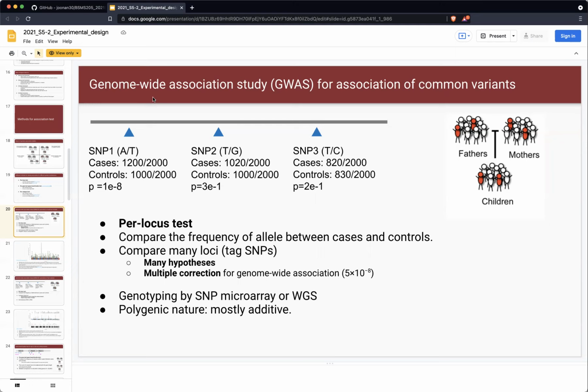So if you want to look at the association of common variants, then you're basically looking at the number of variants happening at the same locus in cases and controls, right? If you look at SNP1, you measure how many times the cases have this genotype, right? So you collected 2,000 people as cases, and out of these 2,000, you have 1,200 people.